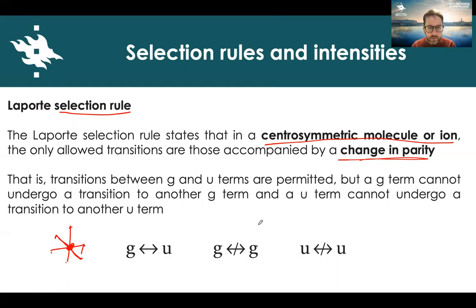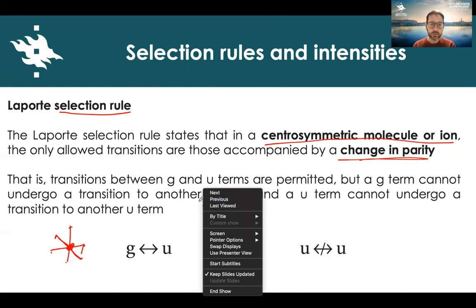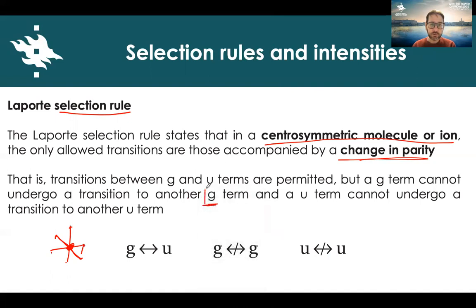So we have this notation of g terms. The terms having the g notation are centrosymmetric, and terms having the u notation are non-centrosymmetric.